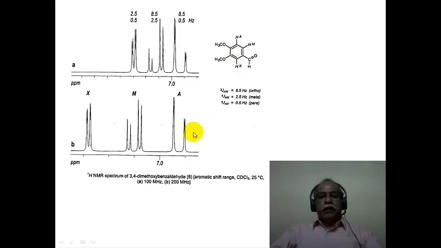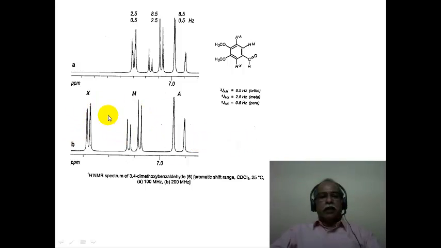What is important here is that the top spectrum and the bottom spectrum are recorded at two different frequencies. The top spectrum is recorded at 100 MHz, a lower frequency, and the bottom one is recorded at a higher frequency. We will see the effect of spectrometer frequency very clearly. As you go from a lower spectrometer frequency to a higher one, the spectrum tends to become first order.